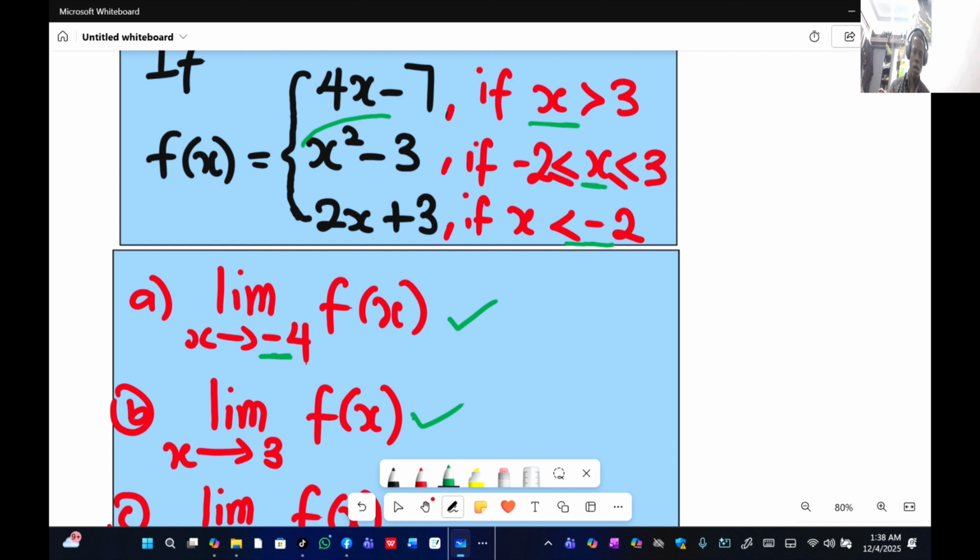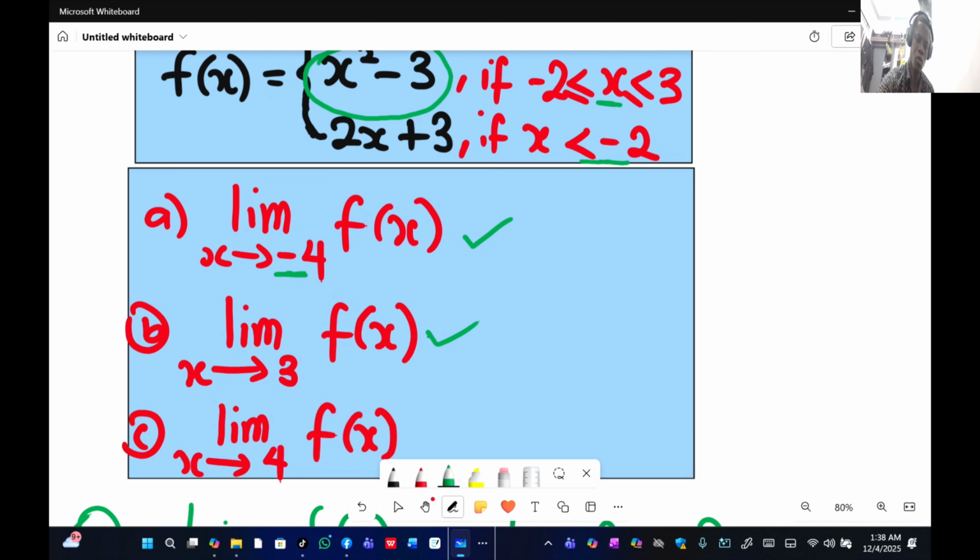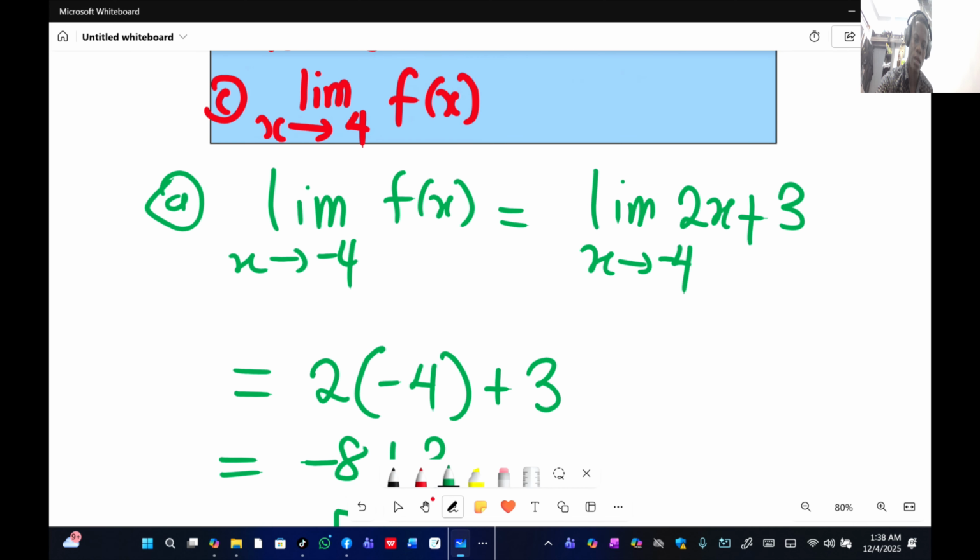This part of the function will be used to evaluate the limit of the function as the input approaches positive 3.